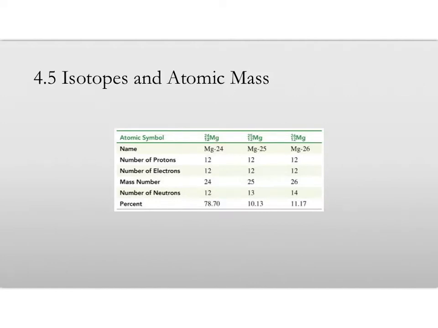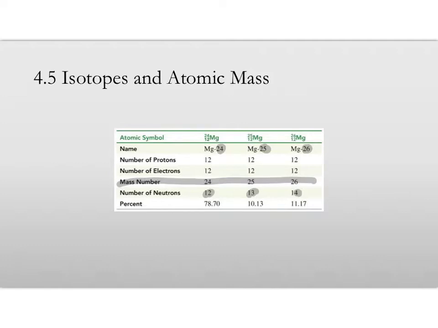The table here shows the name of the isotopes, the number of protons, number of electrons, the mass numbers. That's the key thing to look at, and then the number of neutrons. So you can see there's 24, 25, 26. They each have the same number of protons, but the number of neutrons increases by 1, just like the symbol.